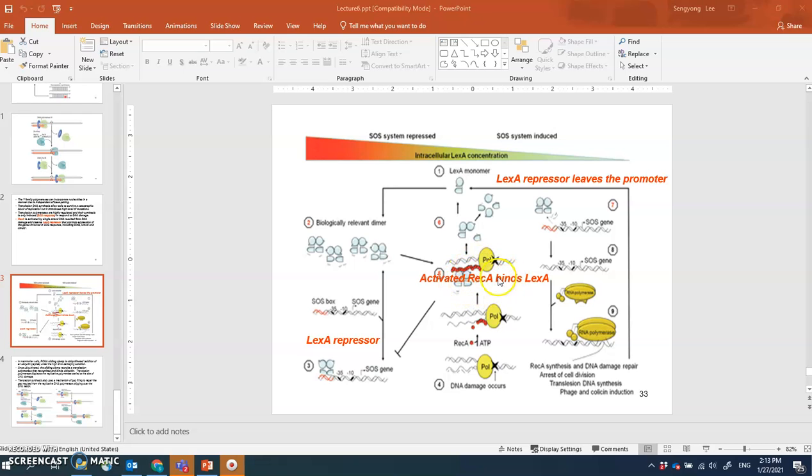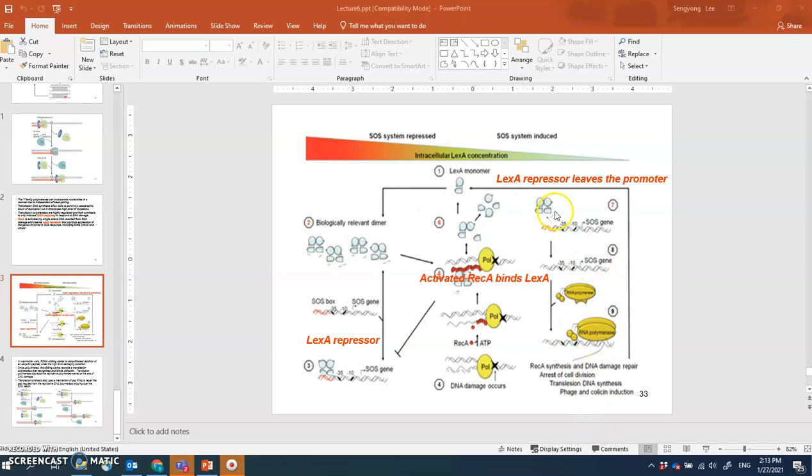How is RecA protein activated? RecA is activated if it binds with single-strand DNA molecules that are maybe damaged by UV light and things like that. When RecA binds with LexA, LexA falls off from the promoter site, then the genes that were repressed will be turned on, and those gene products will be enzymes like polymerase enzymes and repair enzymes that deal with DNA damage.